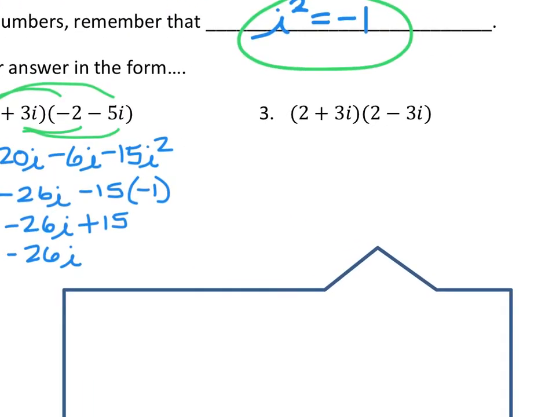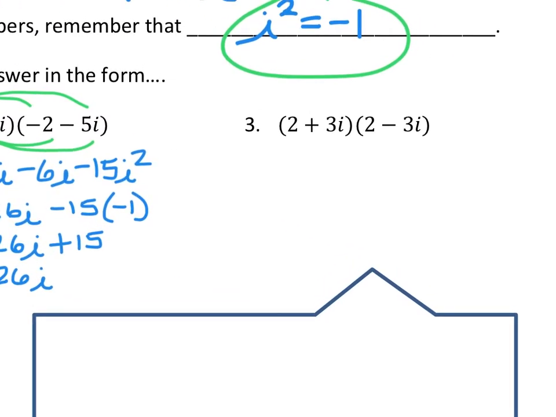Okay, last example on this page. We've got two binomials again multiplying each other, and notice the first term, the real term, they're identical, and the imaginary terms are opposites. So I've got 2 plus 3i times 2 minus 3i.